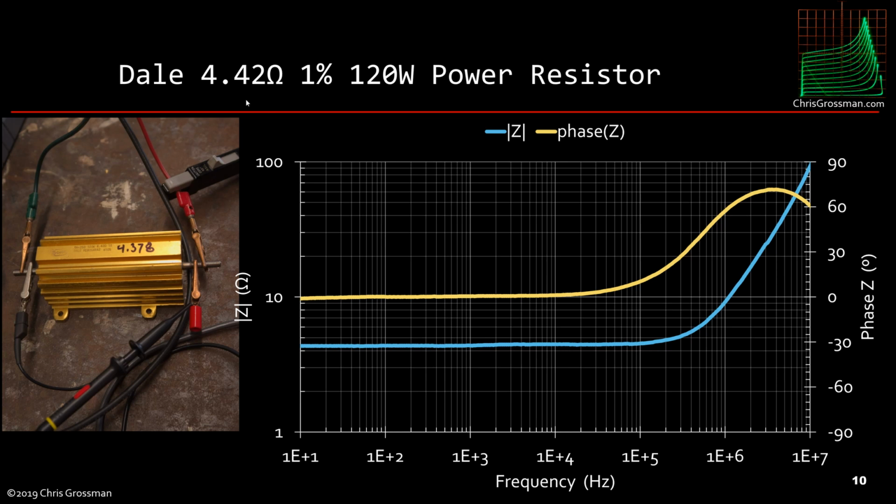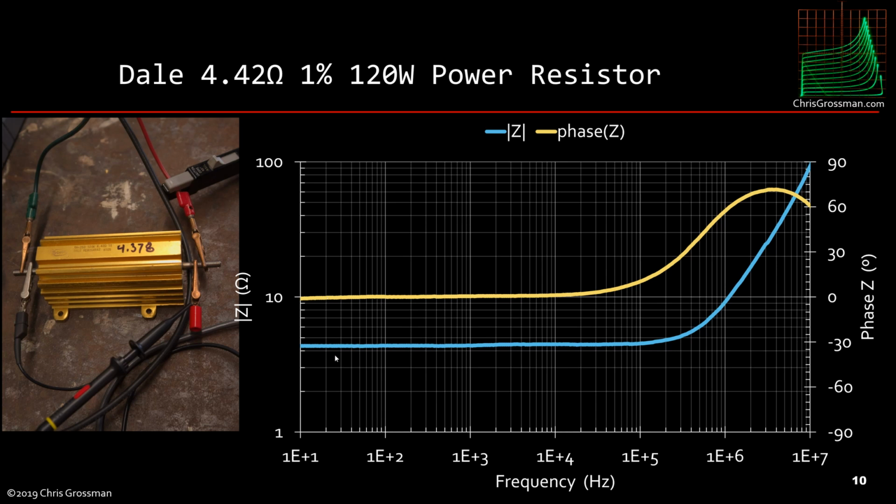Now here, this is a resistor that I've been using for many years as a load for testing audio power amplifiers. I never really knew if it was flat over the audio region. I just kind of assumed it was. It's nominally 4.42 ohms, but when I measured it with some Kelvin clips, it came out slightly low, but well within the 1%.